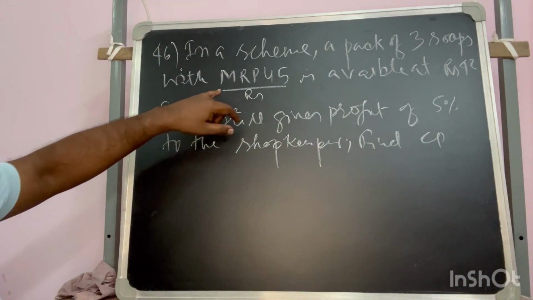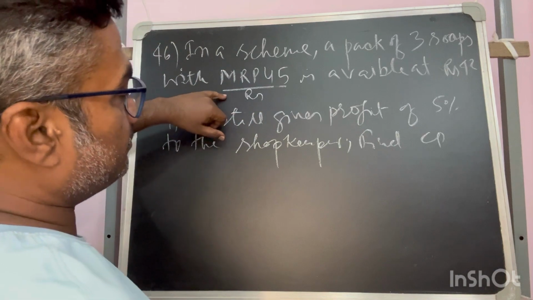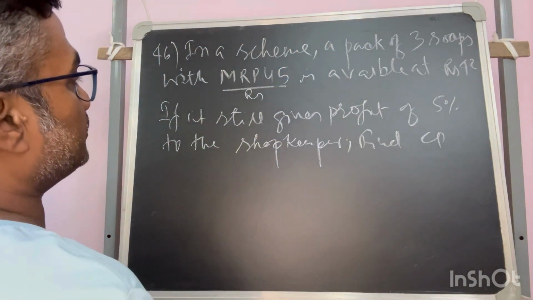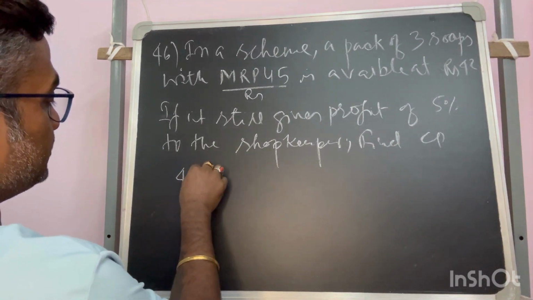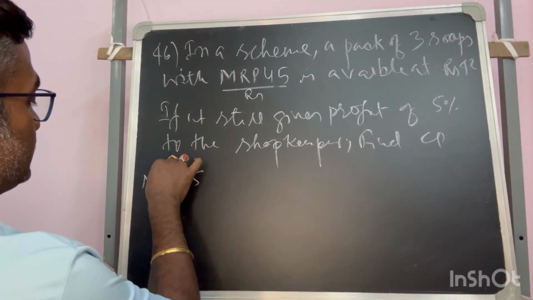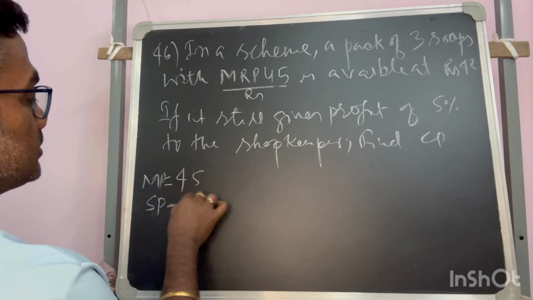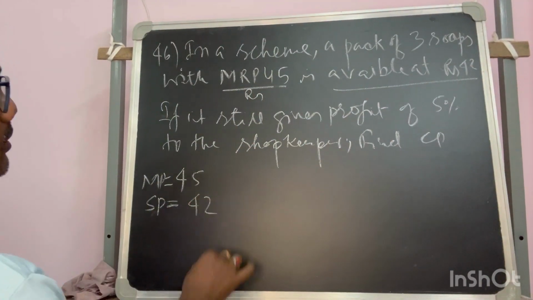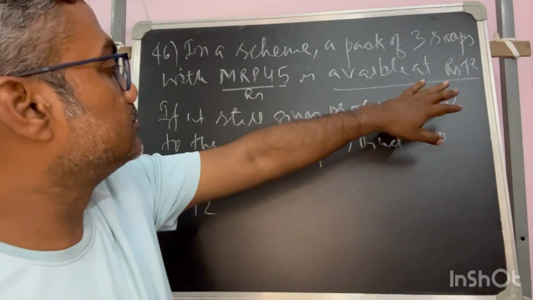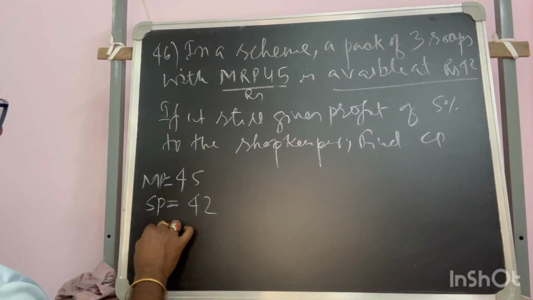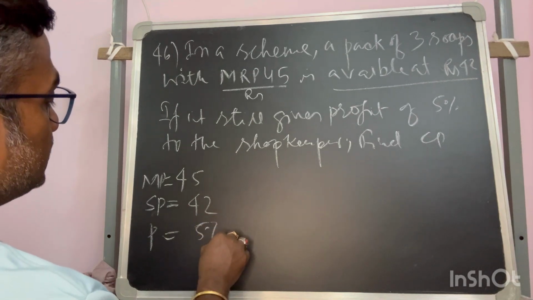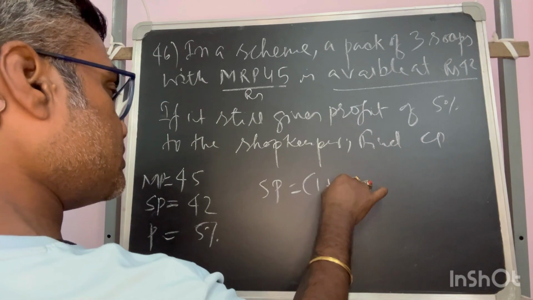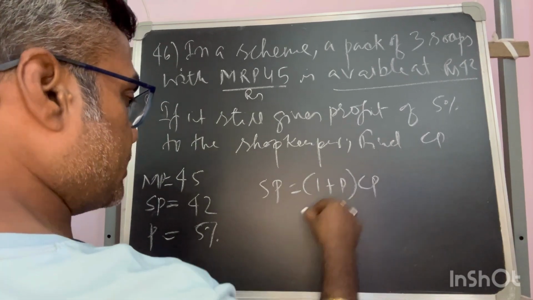So now see, this MRP means the mark price. MRP means the list price, mark price, label price, whatever it is. Selling price is known, that is available at 42, meaning after discount it has been sold at this much. On that he is getting a profit of 5%. So now you know the selling price, and the selling price is 1 plus profit times cost price.